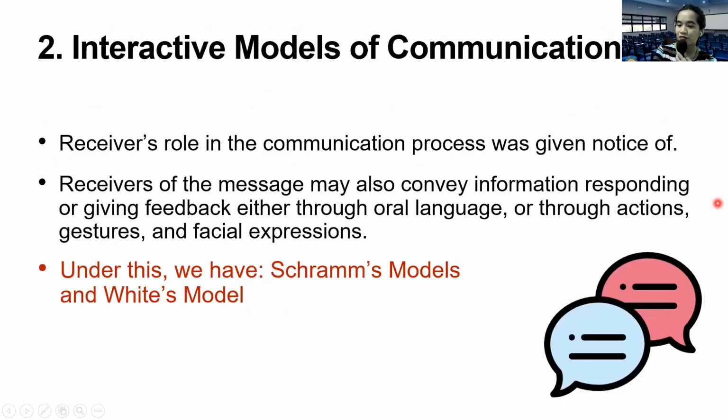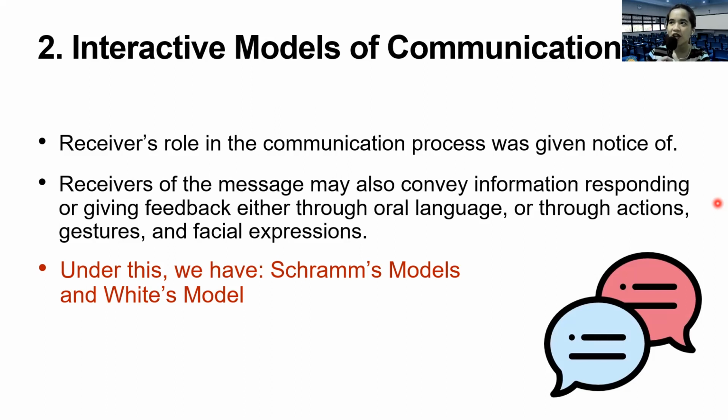Yeah, we have the second main model of communication, the interactive models of communication. So in here, the receiver's role in the communication process was given notice of. So what's the focus of this interactive model is the receiver's role. Because unlike the linear model, linear is just one way, right?